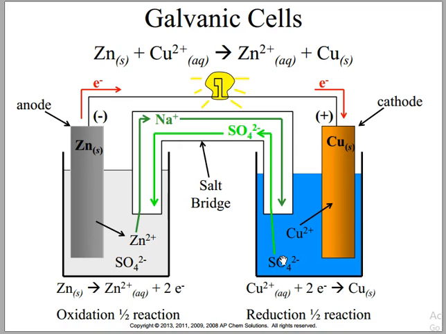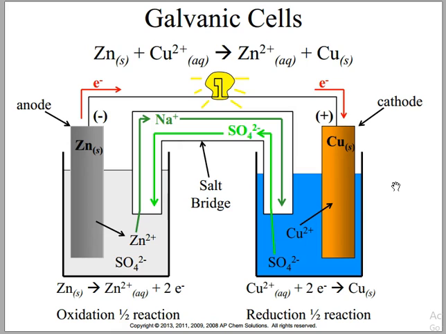Alright, so here is a typical model of a galvanic cell. This is the same as the first reaction that we looked at, only it's split into two half reactions. We have the oxidation half reaction over here, and we have the reduction half reaction that's happening over here.